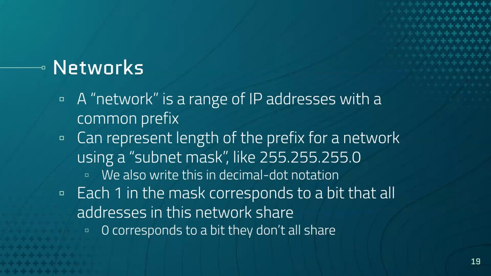We write this in decimal dot notation too. Each one in the binary version of the mask corresponds to a bit that all addresses in the network share, and each zero corresponds to a bit they don't share. So this would be basically 24 ones followed by 8 zeros.